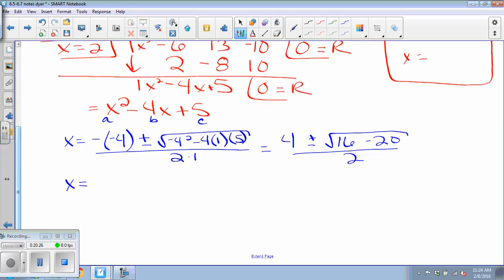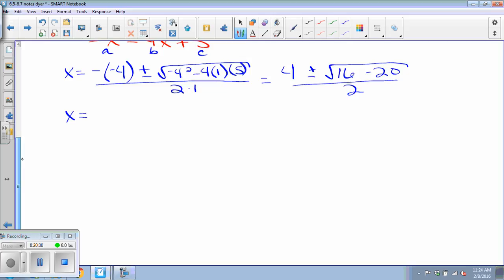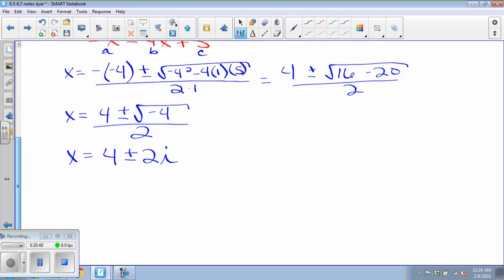So x equals positive 4 plus or minus the square root of negative 4 all over 2. Well, what is the square root of negative 4? 2i. So this is 4 plus or minus 2i all over 2.